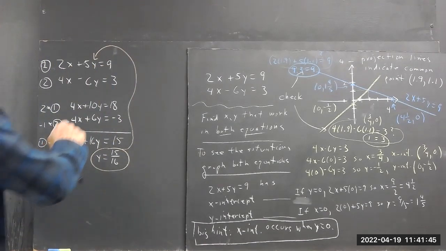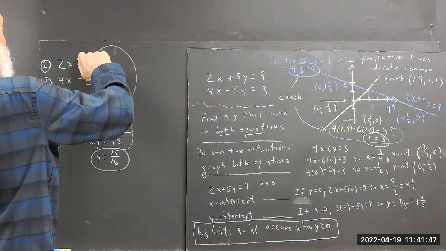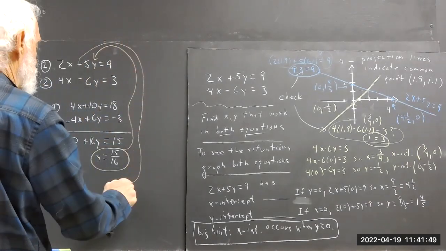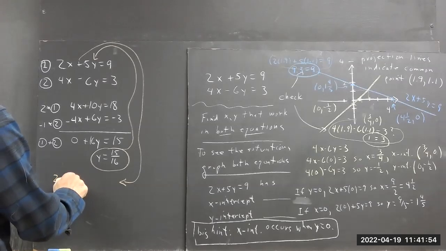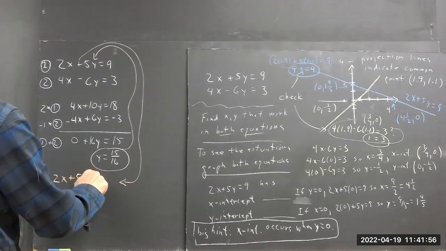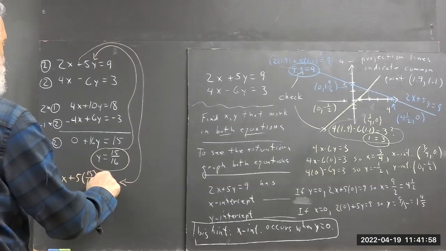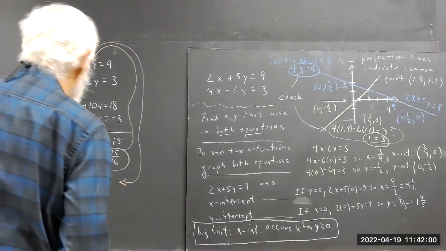And that's going to give me the equation 2x plus 5 times 15/16 equals 9.